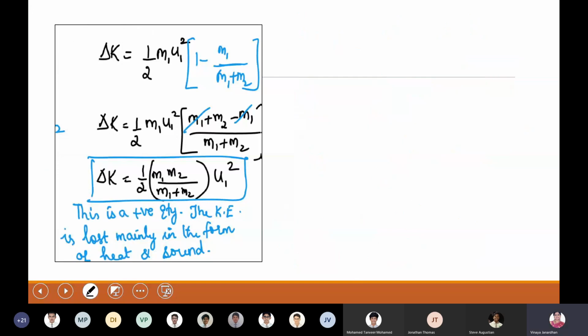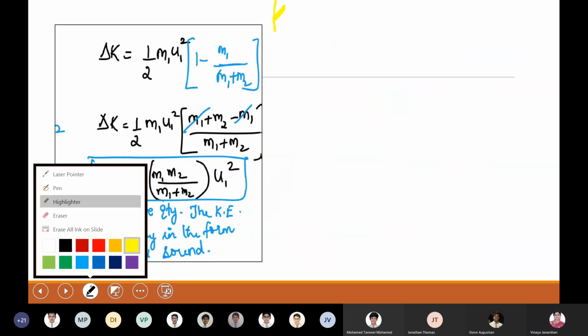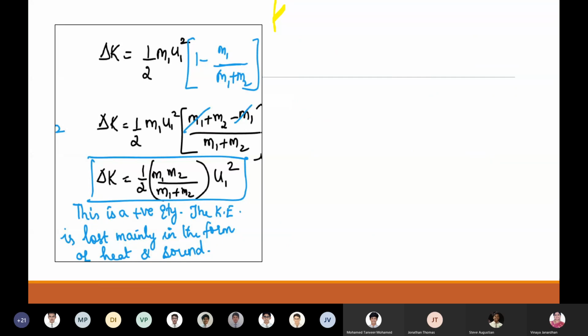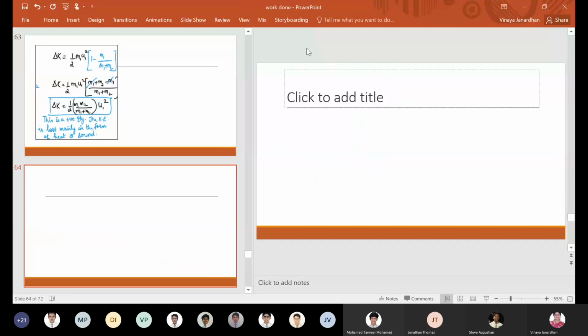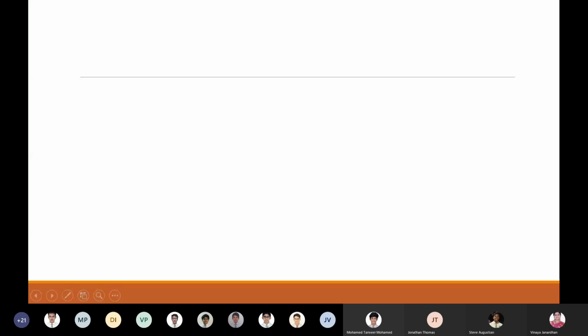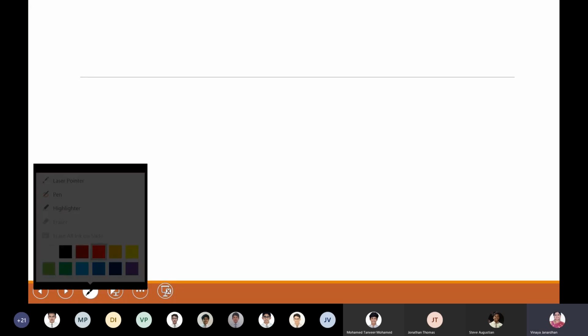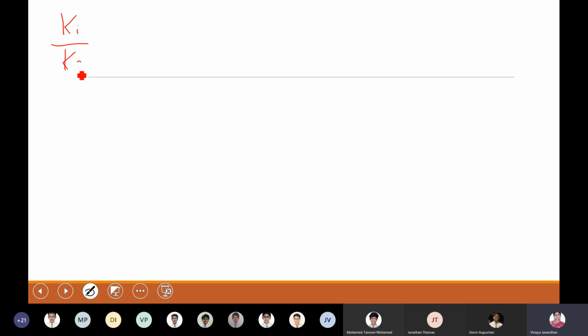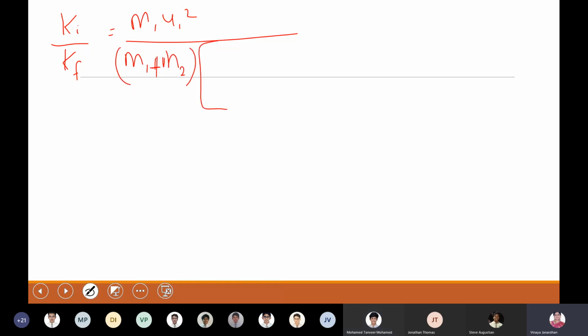Fine. I'll take a new slide. If I go for the new slide, Ki by Kf is equal to m1 u1 squared divided by m1 plus m2, into m1 squared by m1, because it is v squared, m1 plus m2 the whole square into u1 squared.